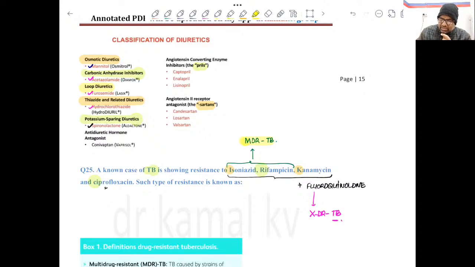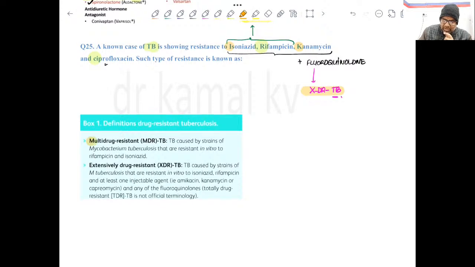So multiple drug resistance, extensively drug resistance tuberculosis. So in MDR-TB, there is resistance to isoniazid and rifampicin. In extensively drug resistance, there is resistance to isoniazid, rifampicin, plus any one injectable agent.